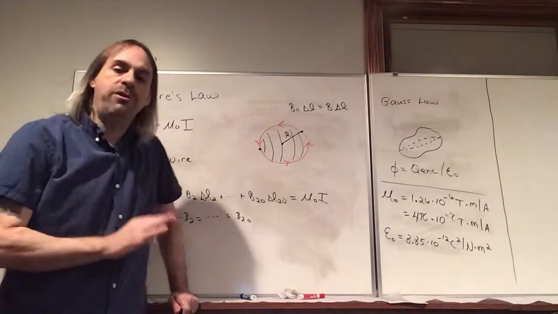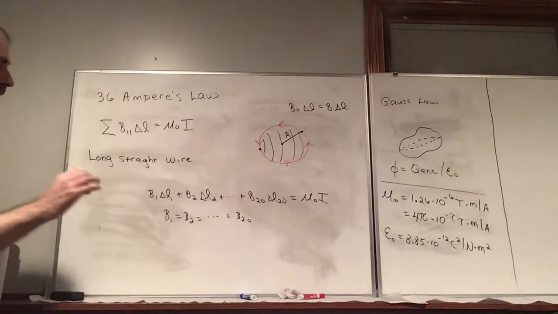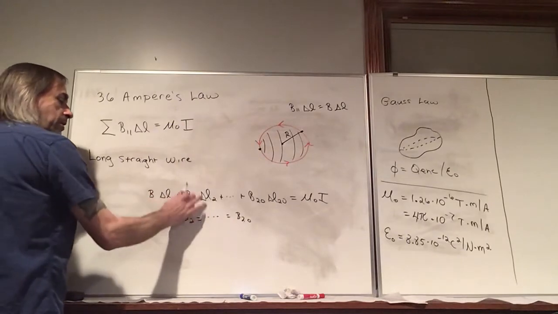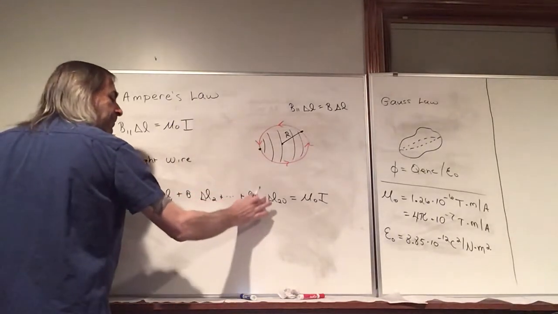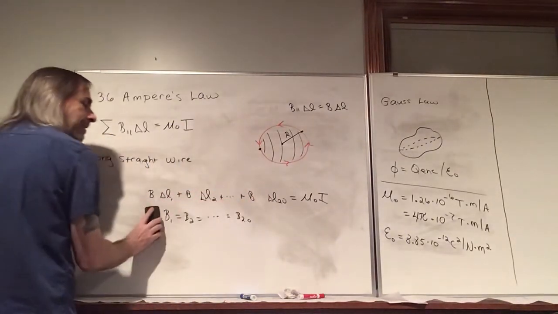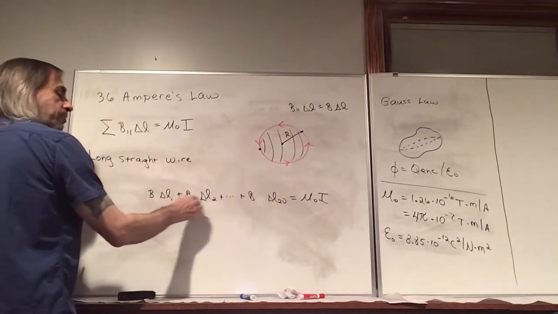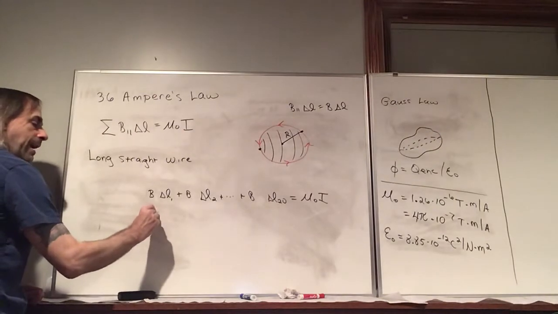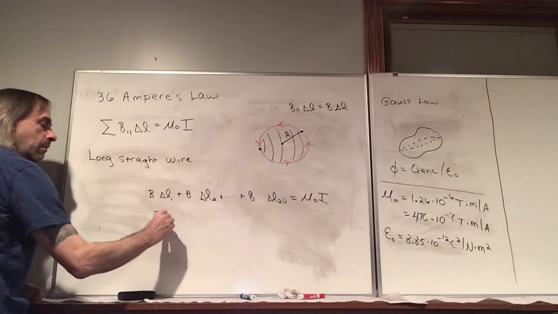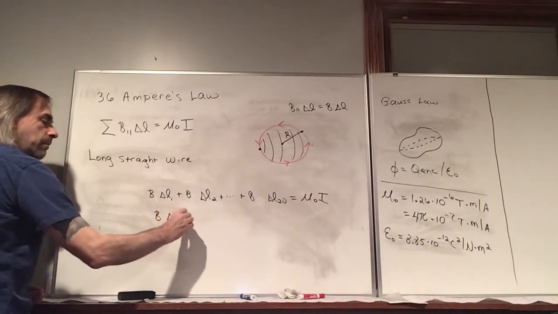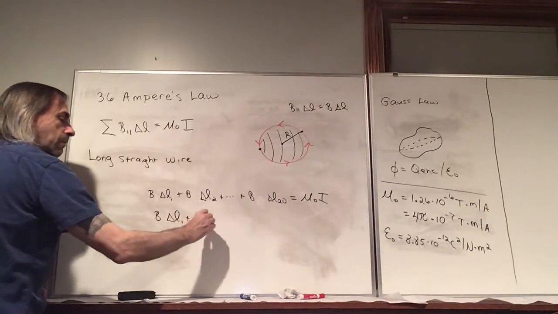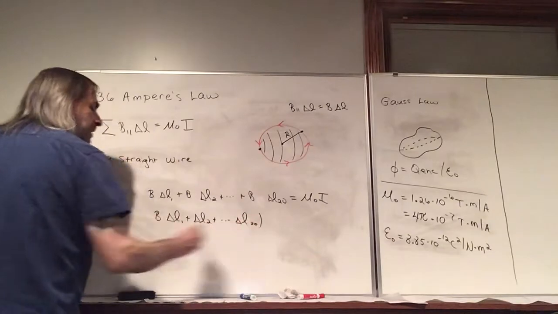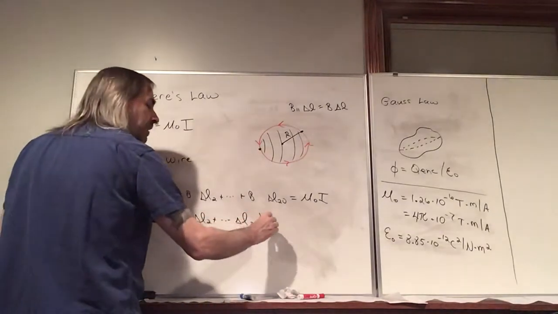Because both of those things happen, we can say that all these B's are the same. We can just call it B. We don't have to distinguish them. So what we have is B times delta L1 plus B times delta L2 and so on. We can factor the B out of this. Again, we're breaking this up into 20 pieces.